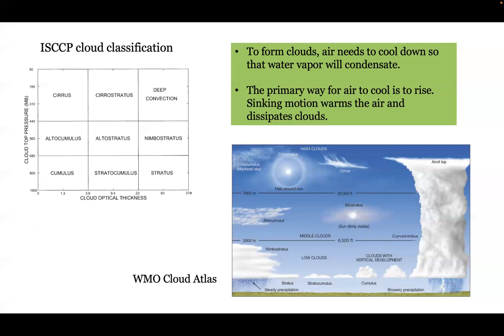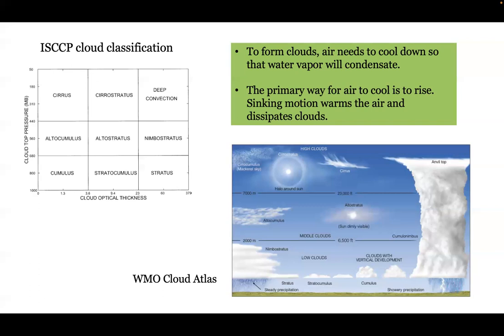Because to form clouds, you have to condense air. Water vapor has to go from gaseous phase to liquid and solid phase. You have to condense them. The most effective way is to cool them. And the most effective way to cool the air parcel is for the air parcel to rise.